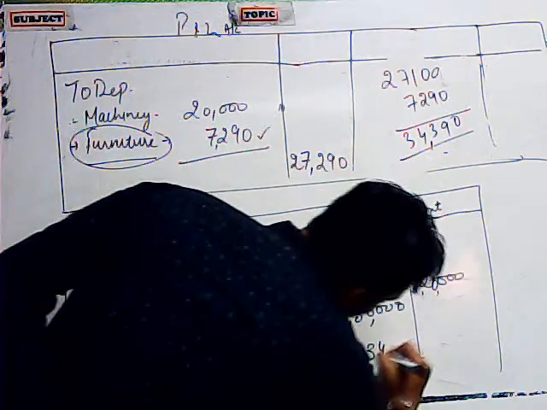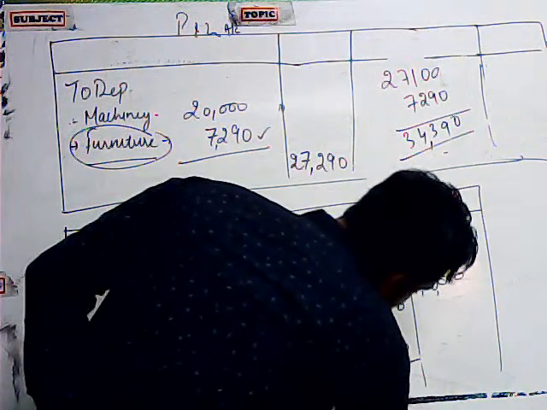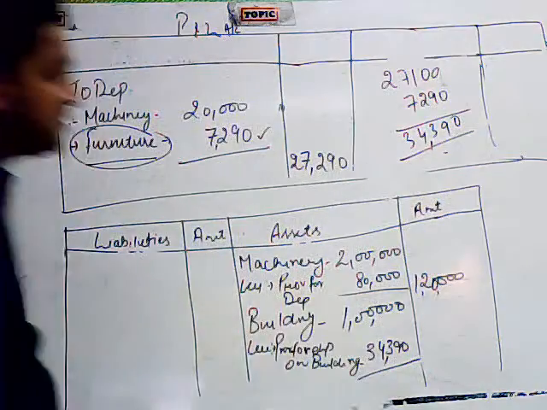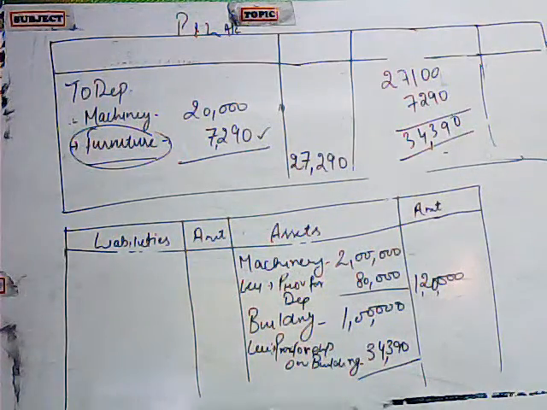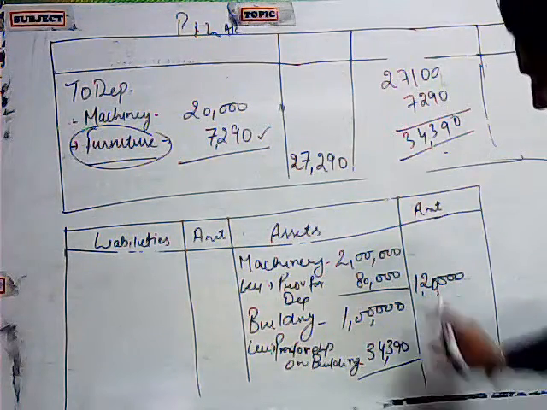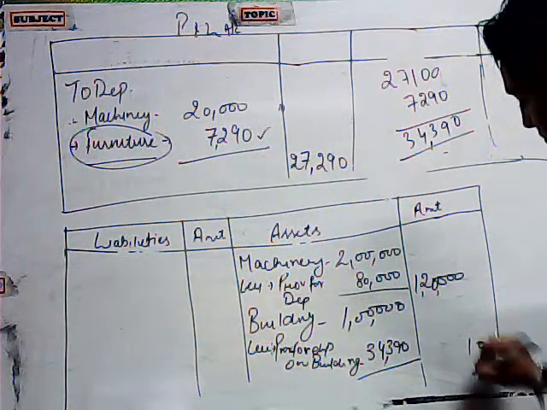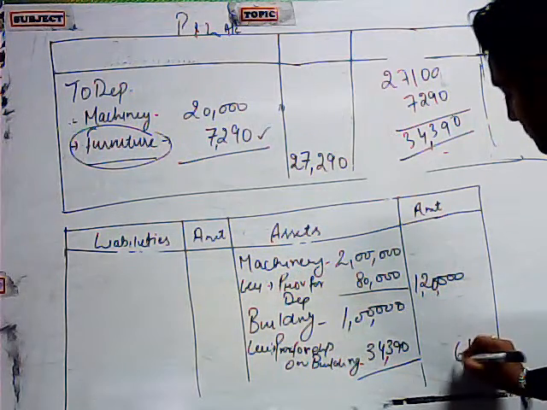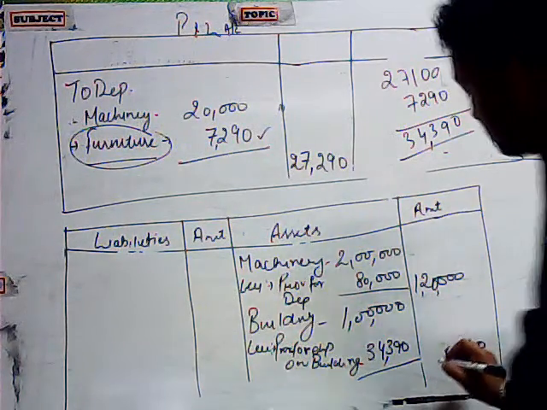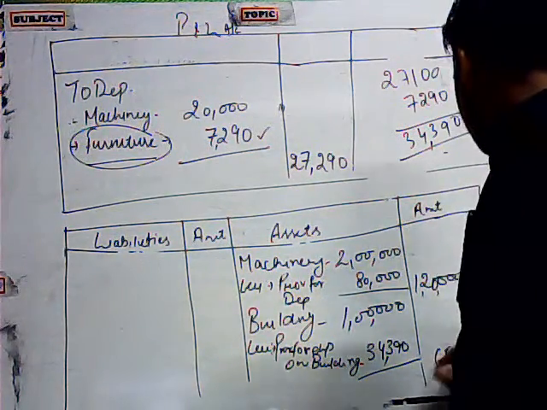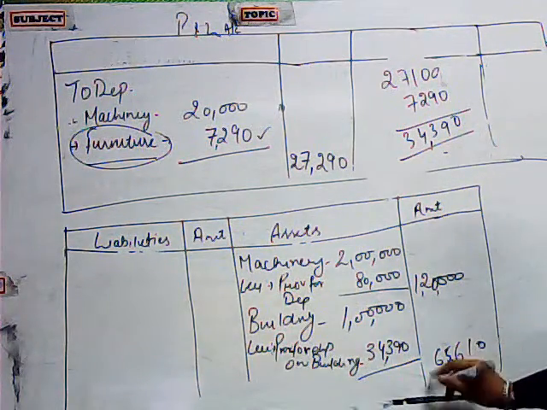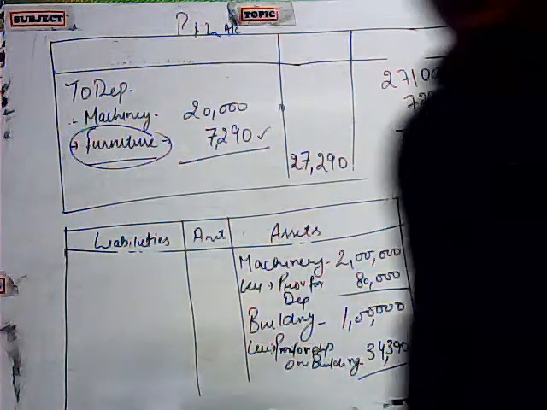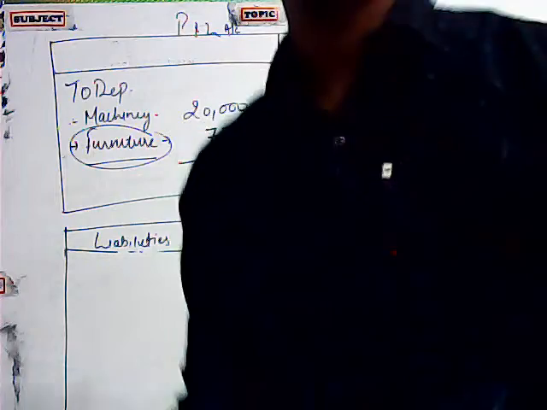We have to write down 34,390 here, and we have to deduct this value from 1 lakh rupees, and the remaining value is 65,610.